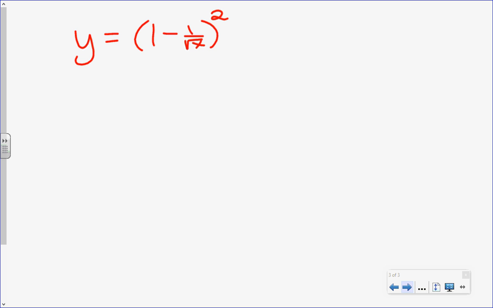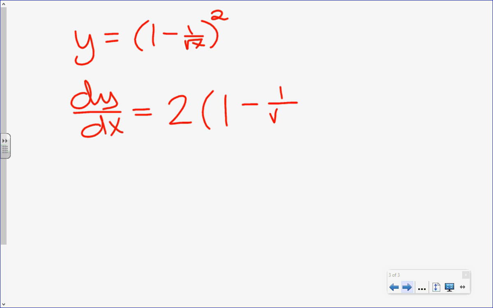Okay, outermost function. We have something squared. We need to take care of that first. So we're going to do the power rule. Now we got to take care of the inside.